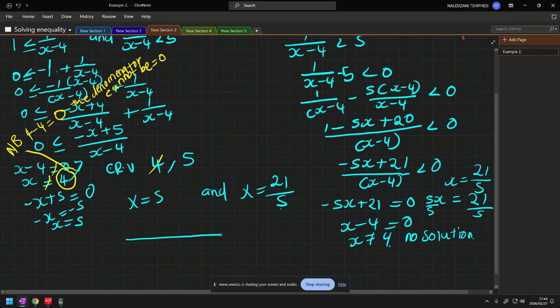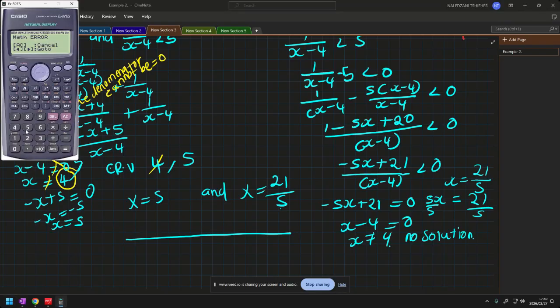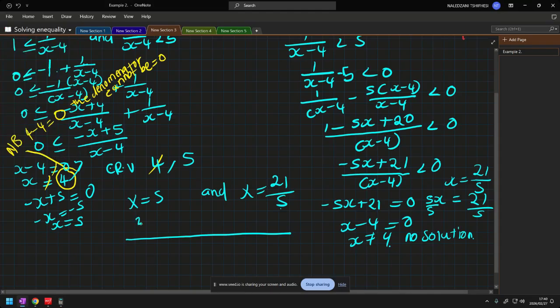So let's draw our own number line. Let's see, 21 over 5 is equal to how much? Here we're going to have 21 over 5, and then 5, right?